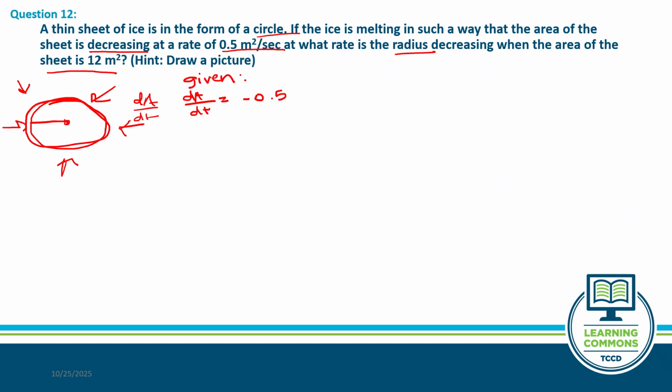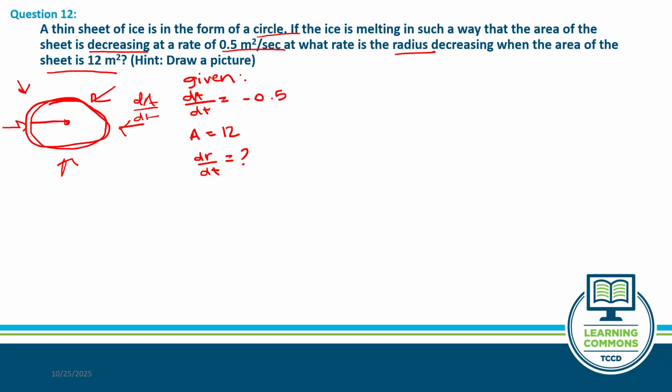Negative 0.5 is decreasing area. I have the actual area, which is 12, and I'm looking for the rate of the radius decreasing. That's everything I know about this problem so far.